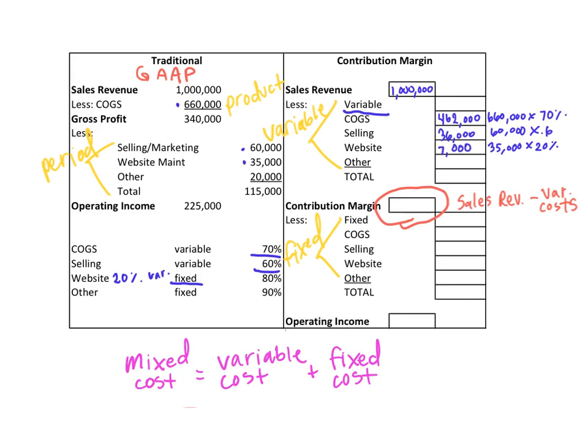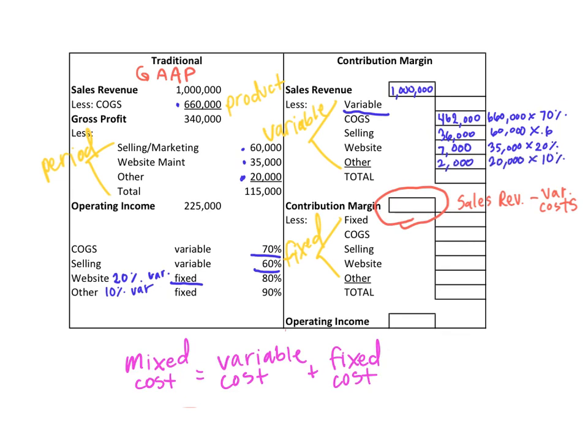Now let's look at other expenses. We know that of other expenses, 90% is fixed, which means that 10% must be variable. So then we will take 10% of $20,000 to calculate $2,000 variable other expenses.